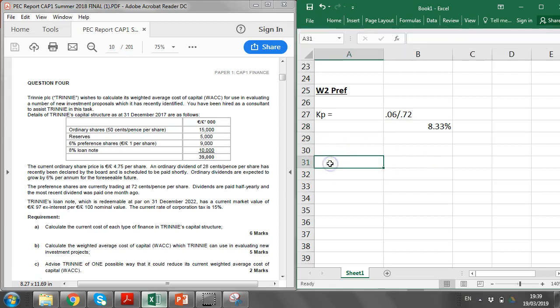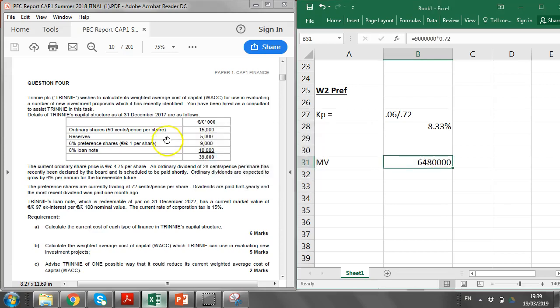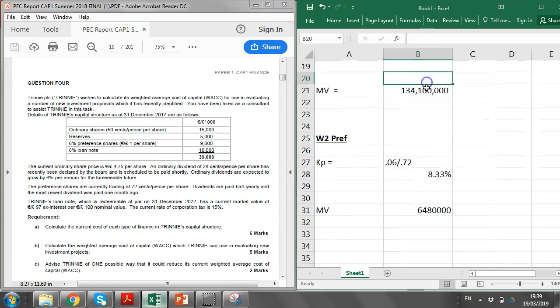And you get your market value. The number of preference shares here must be 9 million. So 9 million share capital at €1 each. So it's going to be 9 million times 0.72, which is 6.48 million. So I'll just tidy that up as well. 6.48 million is the market value of the pref.